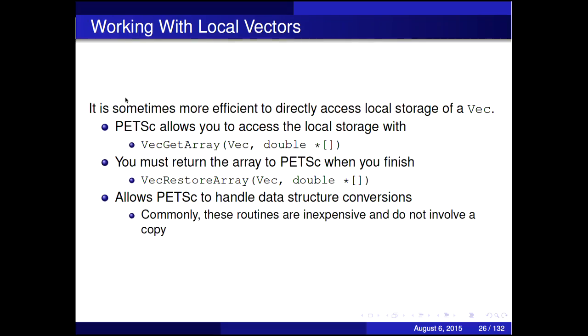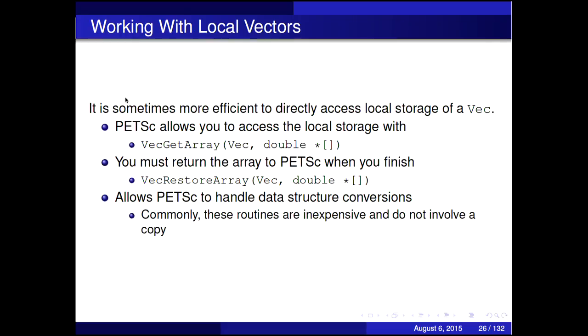Though PETSc has VecSetValues to allow putting values into a vector, PETSc also has something called VecGetArray. VecGetArray gives you direct access to the local entries as a pointer. You call VecGetArray, you have direct access, you can read and write those local values, only the local values.